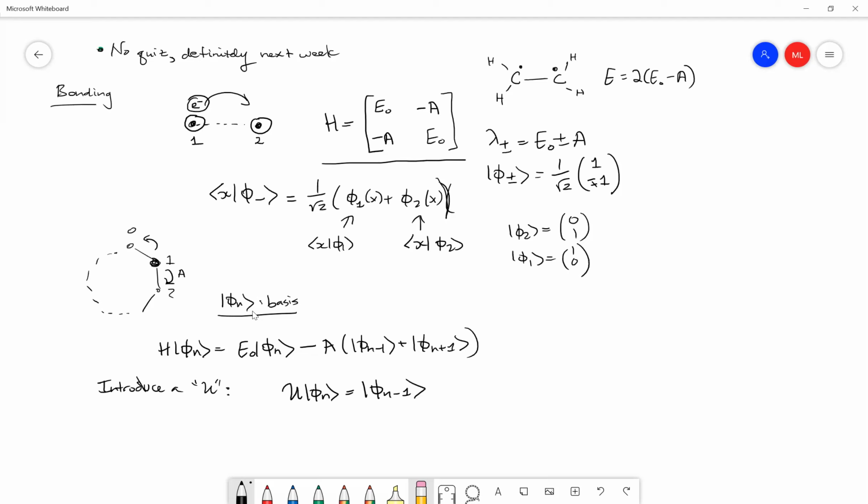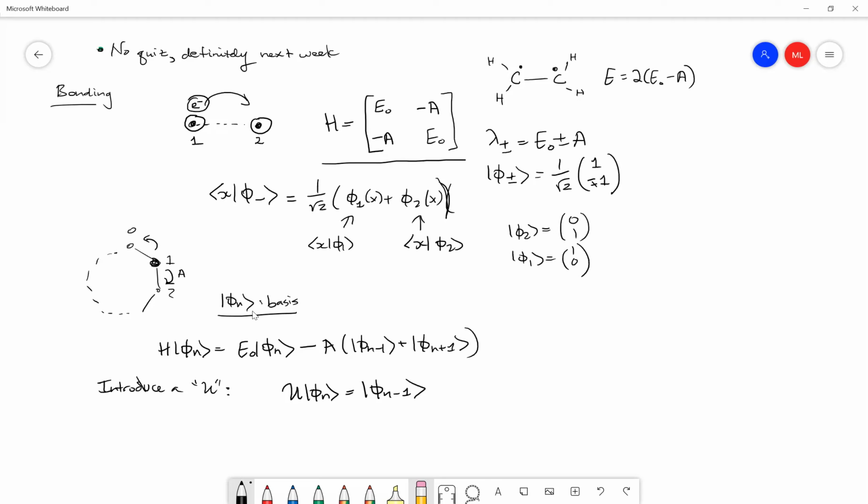It makes a transition from one basis, the bound state at carbon n, to the one at carbon n minus 1. And of course, it's unitary because we can make it a unitary.